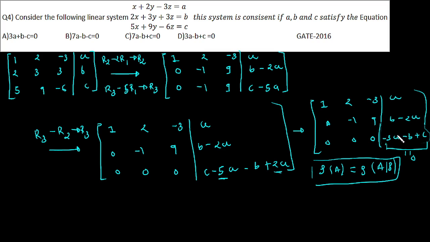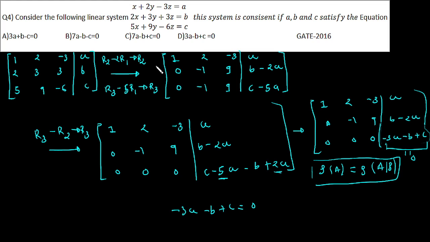So we can equate this equation: minus 3A minus B plus C equal to 0. Now if A, B, and C satisfy this condition, then the rank of A is the same as the rank of the augmented matrix. So we can say the system is consistent if and only if A, B, C satisfy this condition.